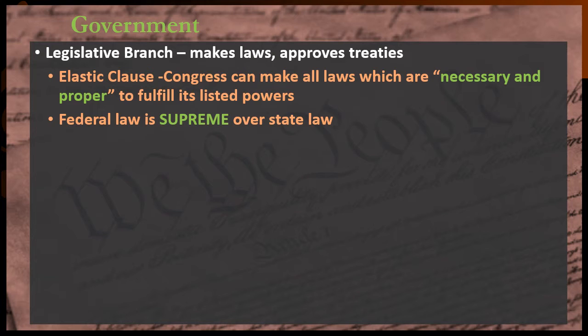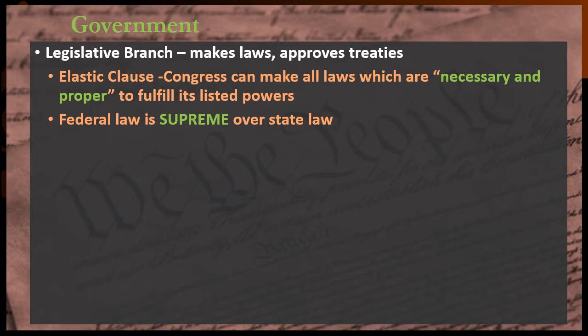Normally, the legislative branch is assumed to just make laws and approve treaties. But exactly what kind of laws? And how should those treaties go about being approved? Well, one way that the legislative branch can address these open questions is through what's called the elastic clause.